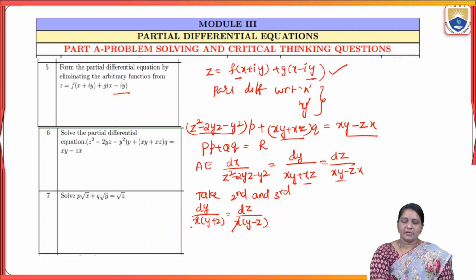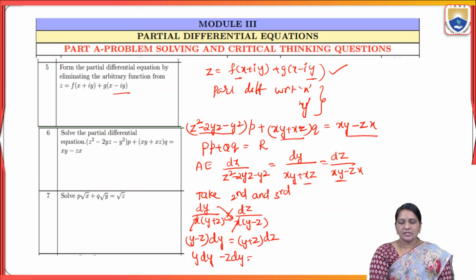So here x will be cancelled. So now we do the cross multiplication to get the solution. So y minus z into dy is equal to y plus z into dz. Now y dy minus z dy is equal to y dz plus z dz.